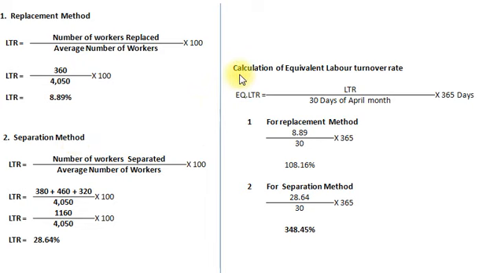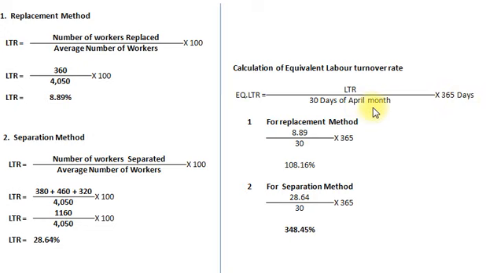And now we will calculate the equivalent labor turnover rate during the year. Dear students, here we calculated labor turnover rate under the replacement method and under the separation method for the month of April. Now here it is the equivalent labor turnover rate for the whole year. So our formula for equivalent labor turnover rate is labor turnover rate for the period divided by days in the month of that particular period multiplied by 365 days.